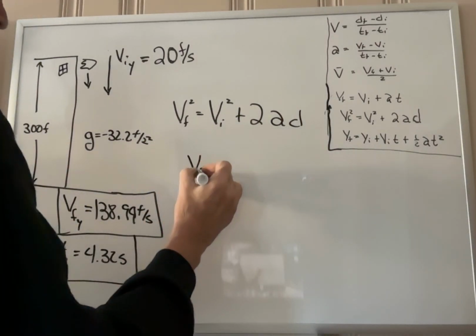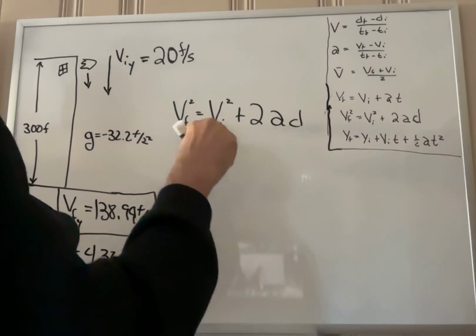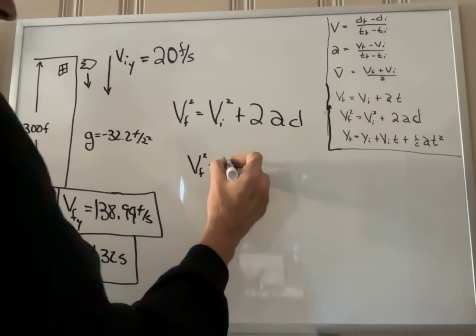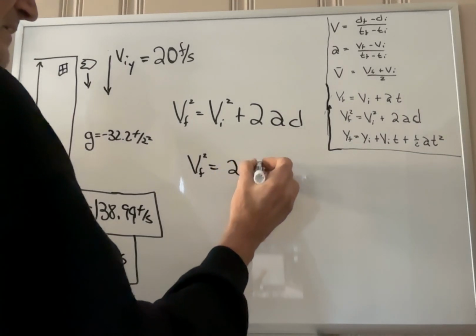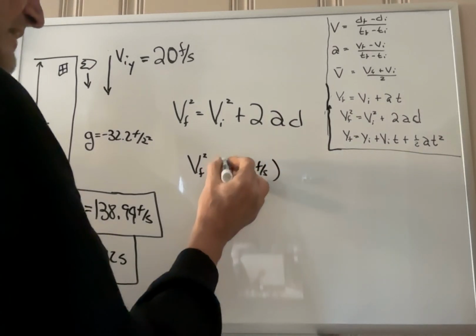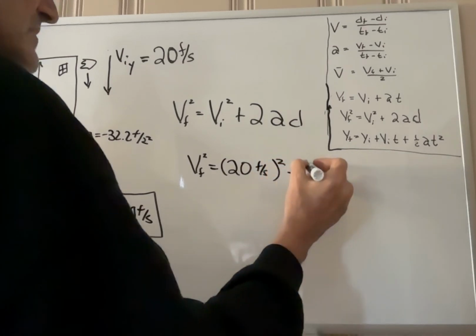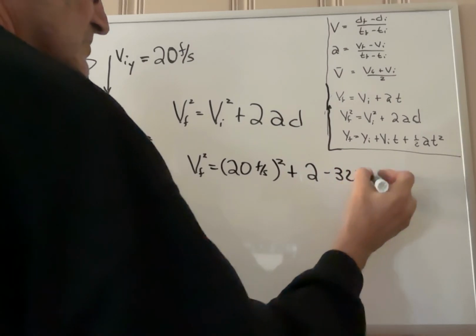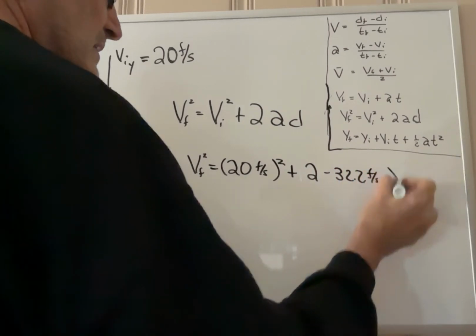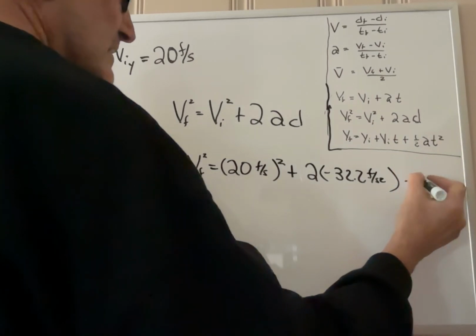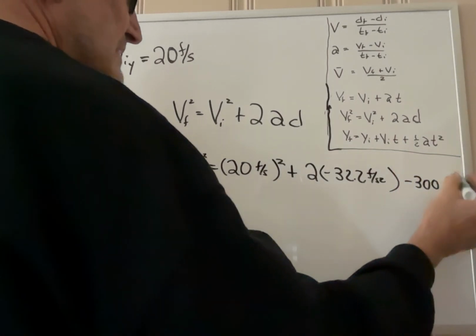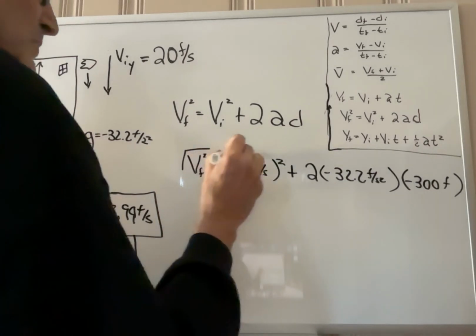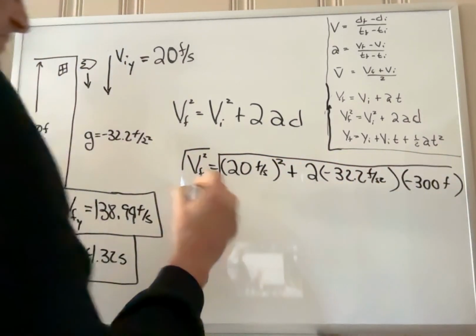Now my velocity initial in the y direction is going to be 20 feet per second, and don't forget to square that, plus 2 times my acceleration, which is negative 32.2 feet per second squared, times my distance, which is negative 300 feet. And we're going to take the square root of both sides. And again, we do not want any negatives under that square root.